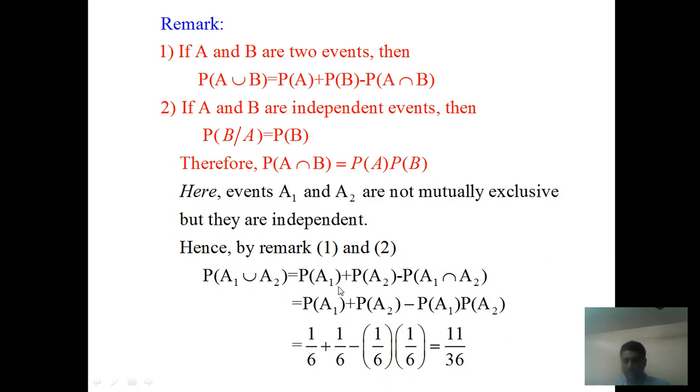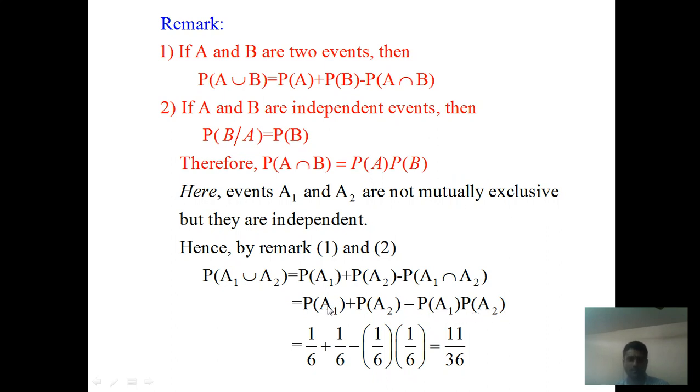Further simplification: the probability of A1 and of A2 stay as they are, and the probability of A1 intersection A2 is replaced by the probability of A1 times the probability of A2.